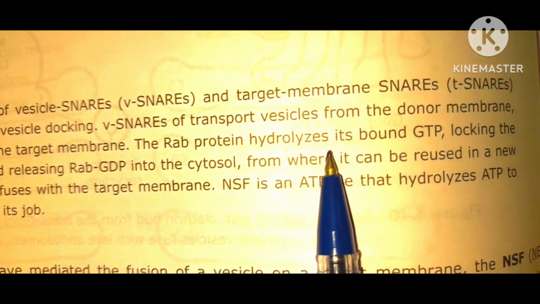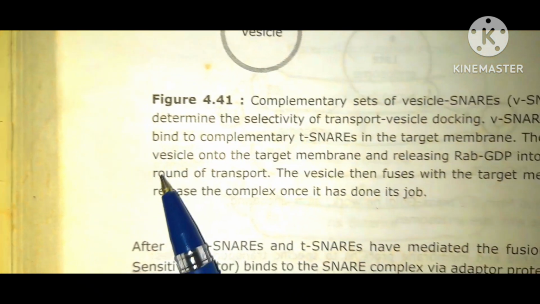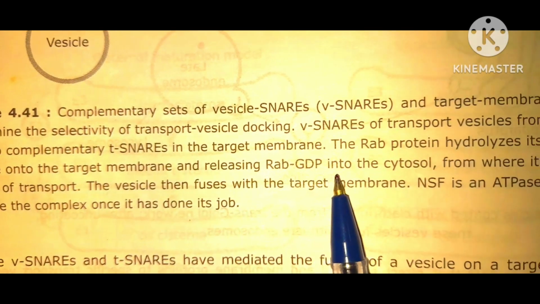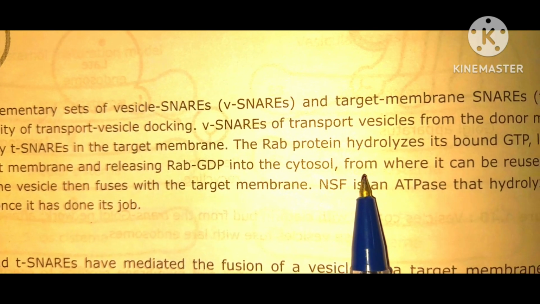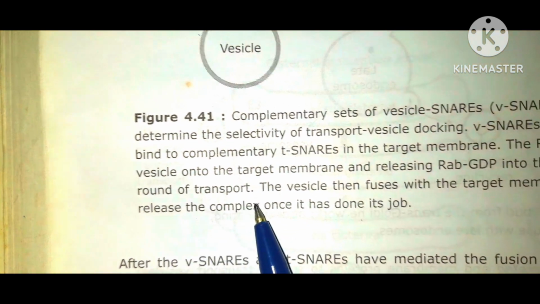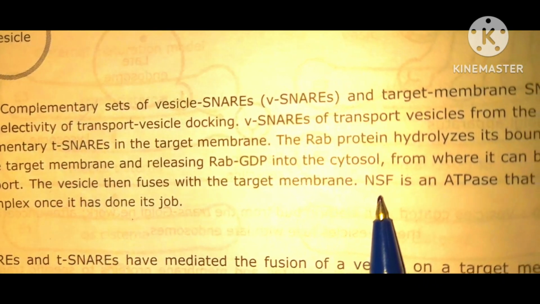The RAB protein hydrolyzes its bound GTP, locking the vesicle onto the target membrane and releasing RAB GDP into the cytosol. From there, it can be reused in a new round of transport. The vesicle then fuses with the target membrane.